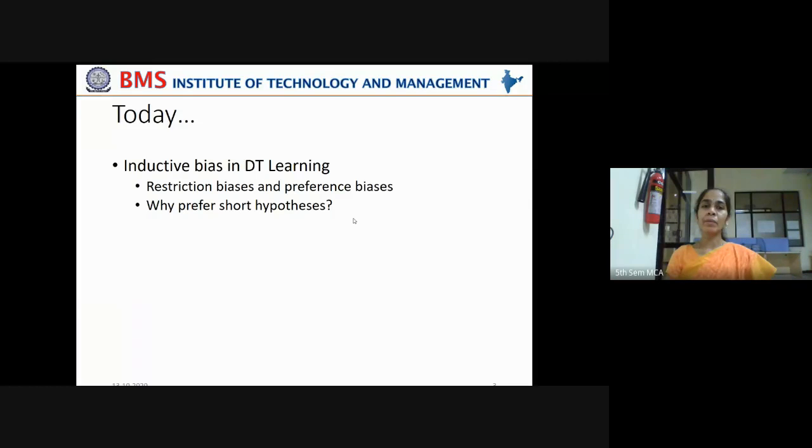When we make assumptions in any type of learning, let it be Find-S algorithm, candidate elimination algorithm, or a decision tree algorithm, what assumptions does the learner make? What inductive bias will it have in order to generalize well to unseen data?